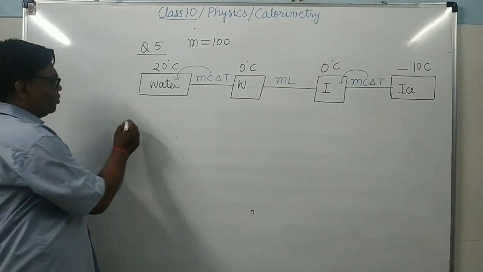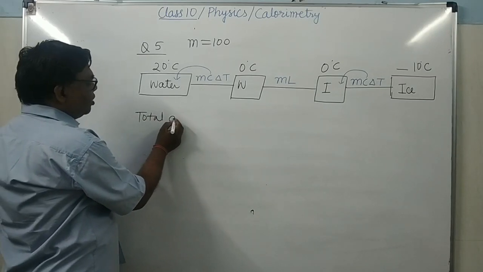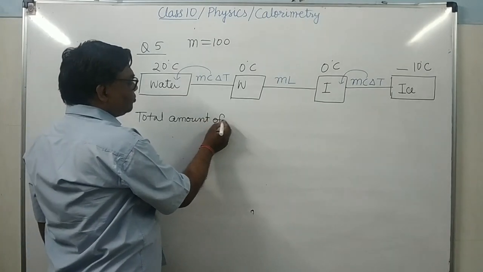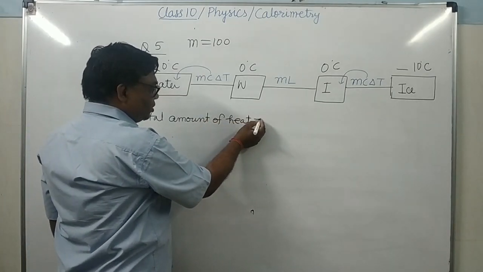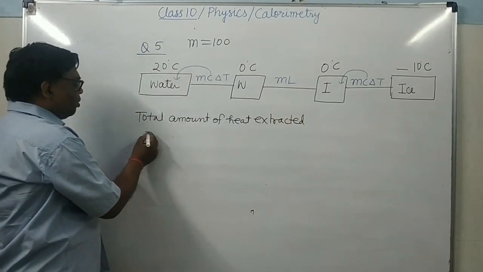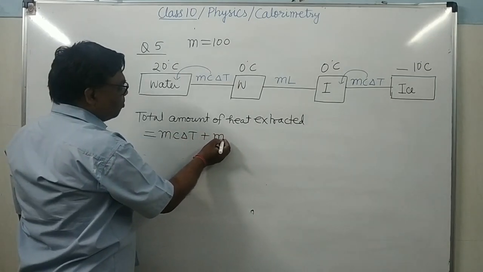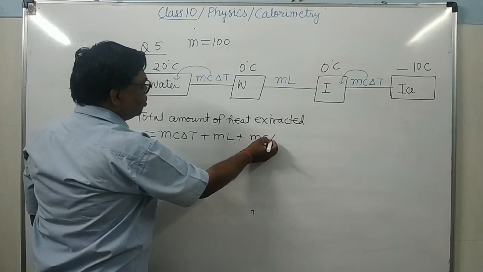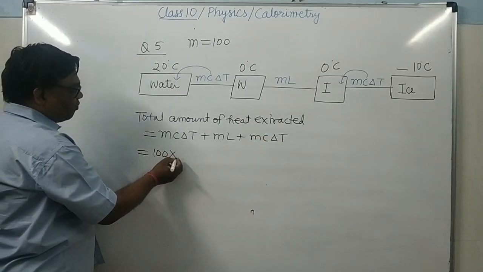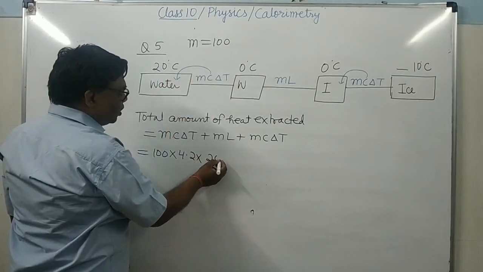So first you find out the total amount of heat liberated, the amount of heat extracted. So what is the total amount of heat extracted? M into C into delta T plus ml plus m into C into delta T. You write the value: 100, C of water 4.2, delta T 20 minus 0, that is 20.